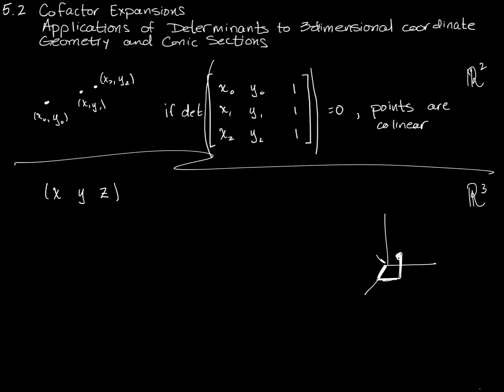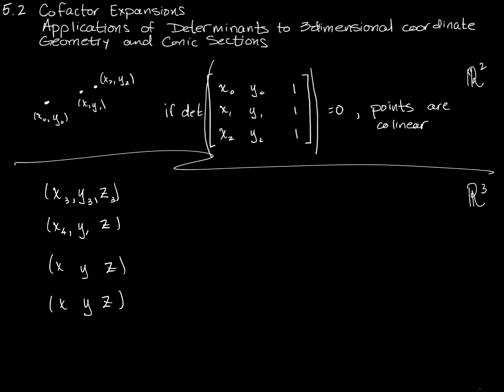Okay, so coordinates are X, Y, and Z. I'm going to check for 4 of these whether they are coplanar. So I have X3, Y3, Z3, X4, Y4, Z4, 5, and 6. And I want to know if those 4 points are coplanar.